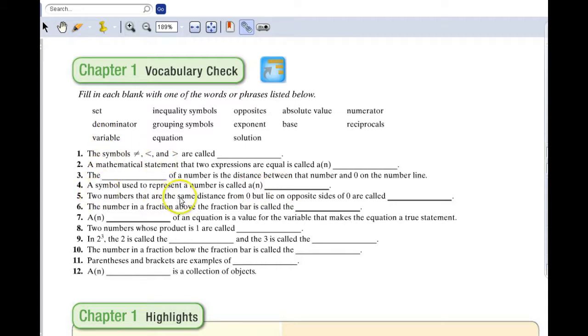Two numbers that are the same distance from 0 but lie on opposite sides of 0 are called opposites. We also use the word additive inverse. That is, what you would add to something to make it 0. The number in a fraction above the fraction bar is called the numerator.